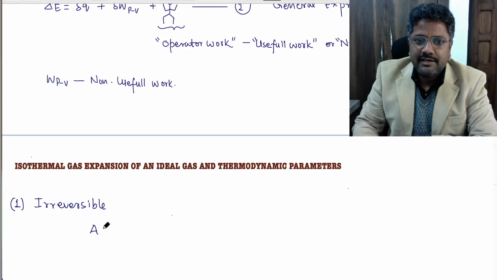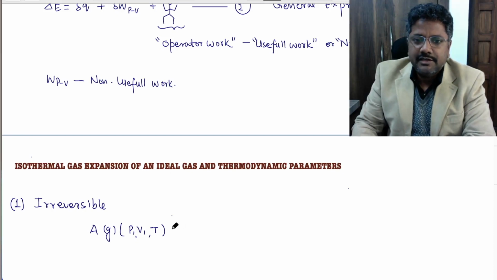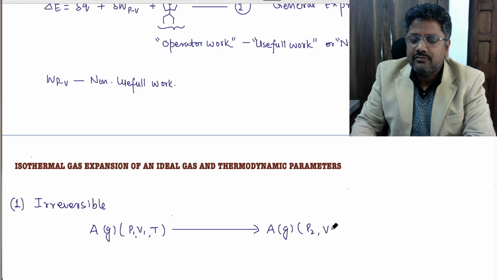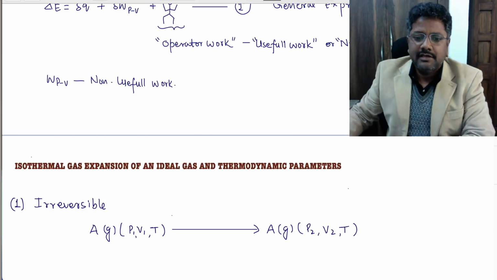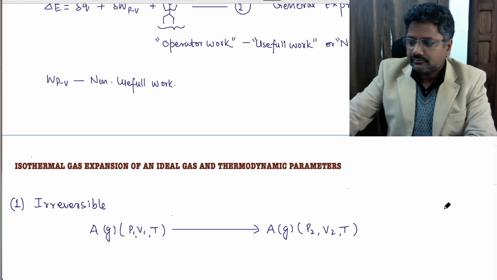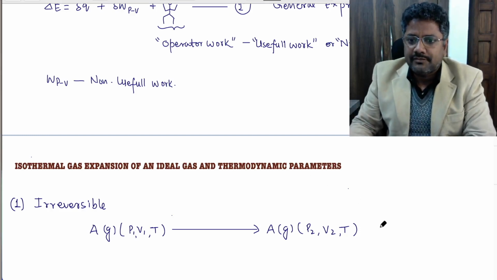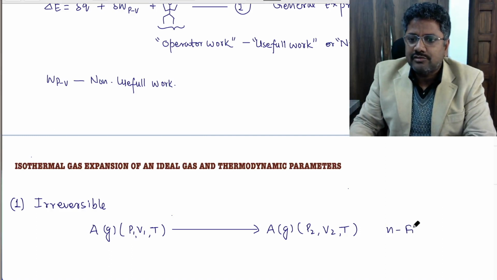Suppose that a gas at P1, V1, and T, from this initial state, is moving to a gas at P2, V2, and T. This is the final state, with n fixed, meaning moles are fixed.